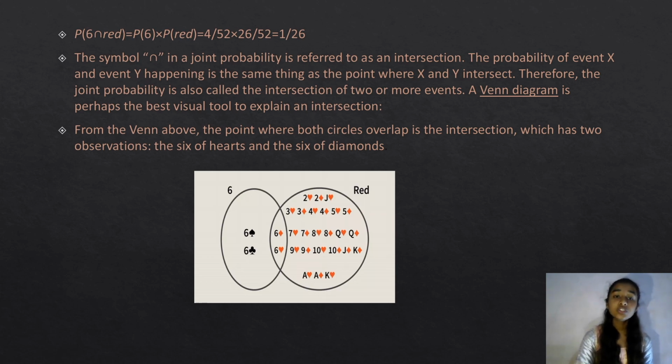Therefore, the joint probability is also called the intersection of two or more events. A Venn diagram is perhaps the best visual tool to explain an intersection. This is the Venn diagram of cards.